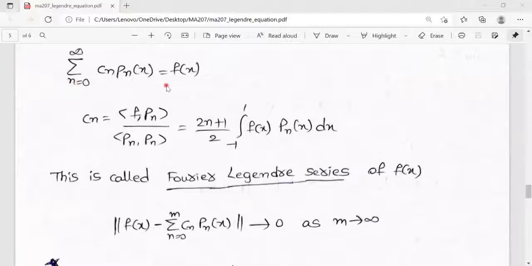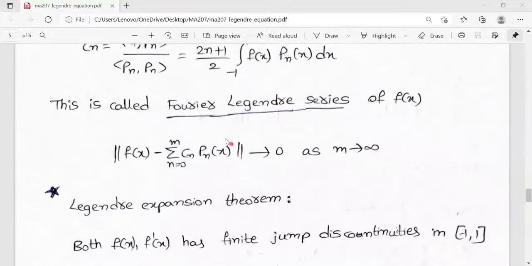This series is known as the Fourier Legendre series, or simply the Legendre series. Here this is minimum as m tends to infinity.